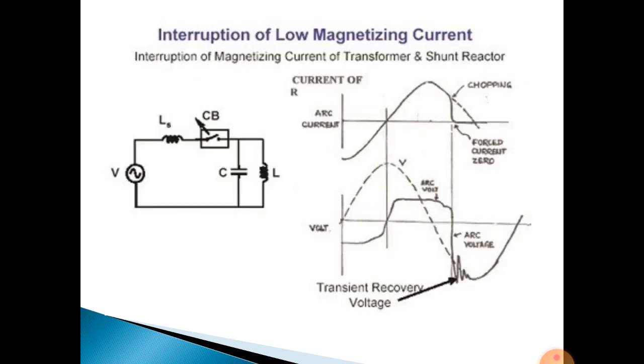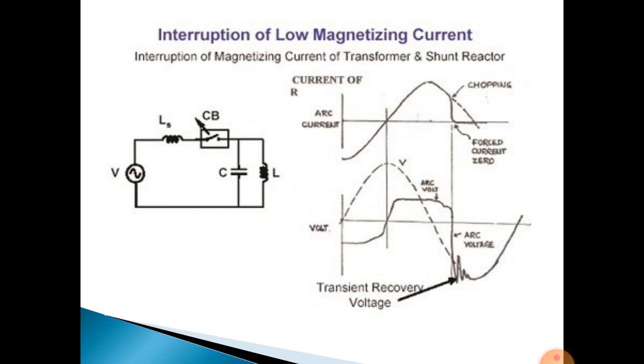This is a circuit diagram of current chopping, that means the interruption of low magnetizing current. In this circuit, inductance and capacitance are connected in parallel. V is the source voltage, L is the source side inductance, CB is the circuit breaker.